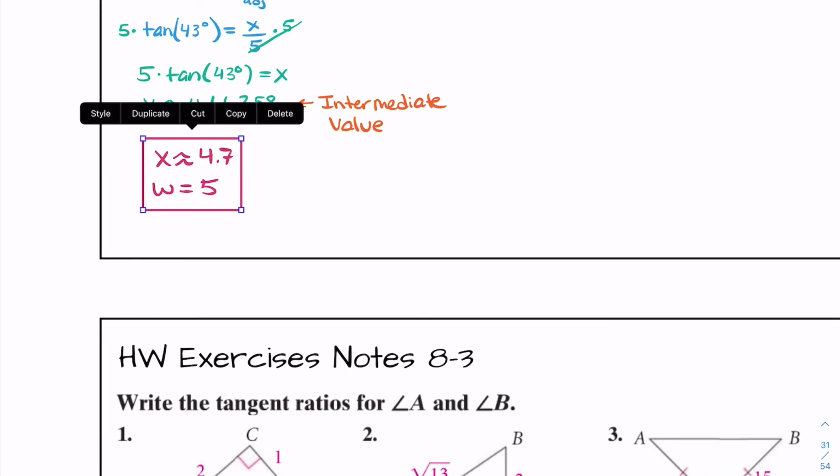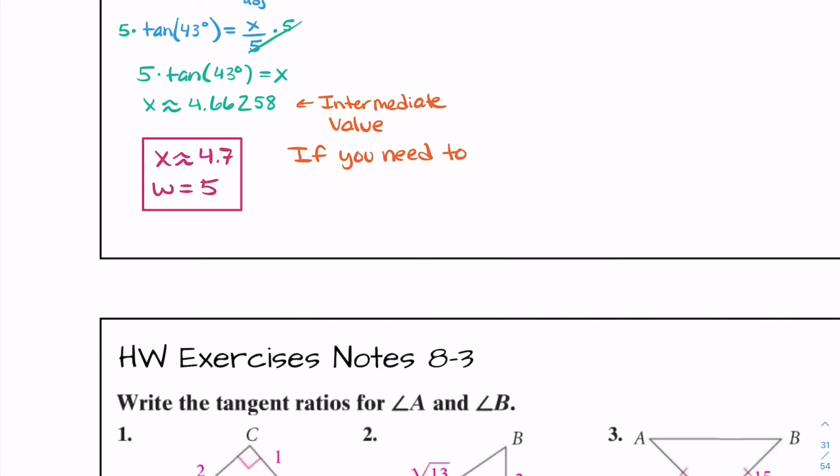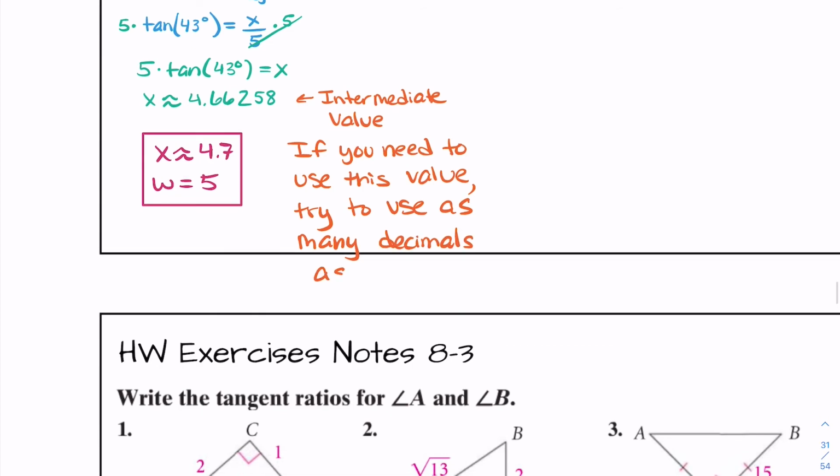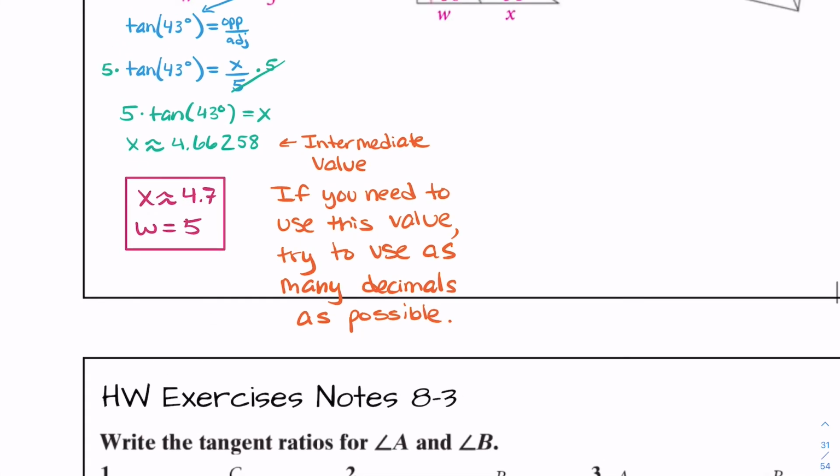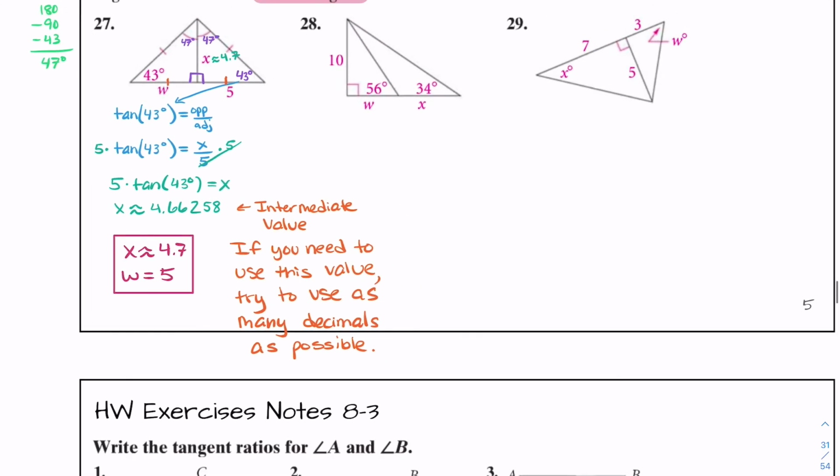Again, if you need to use this value, try to use as many decimals as possible. By that I mean just try to keep as many when you go to solve the equation.